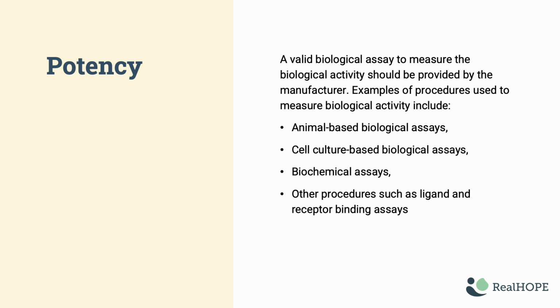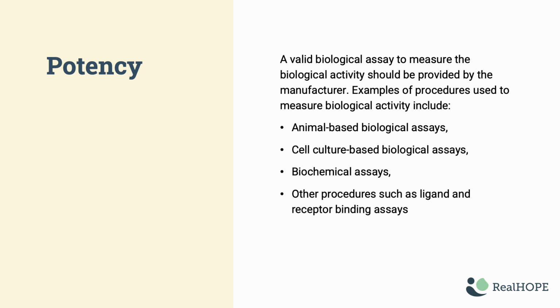Assessment of the biological properties constitutes an equally essential step in establishing a complete characterization profile, a so-called potency test. An important property is the biological activity that describes the specific ability or capacity of a product to achieve a defined biological effect. A valid biological assay to measure the biological activity should be provided by the manufacturer.